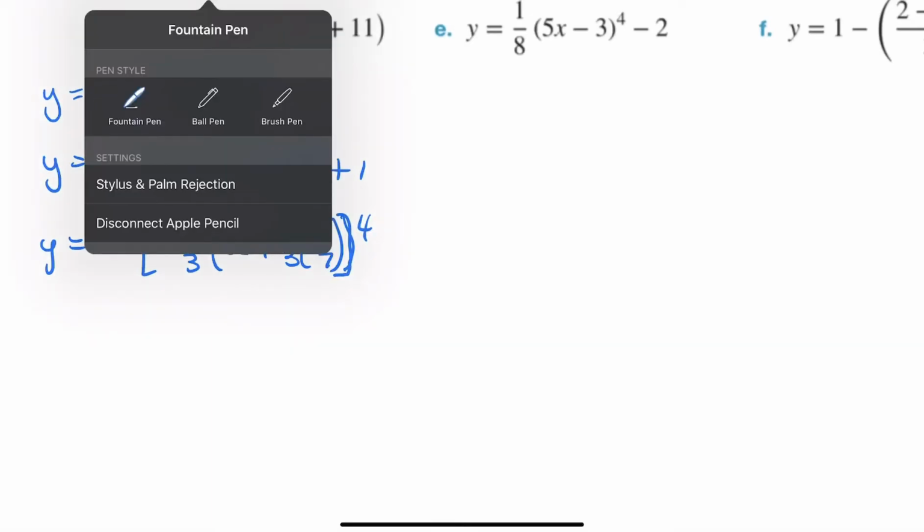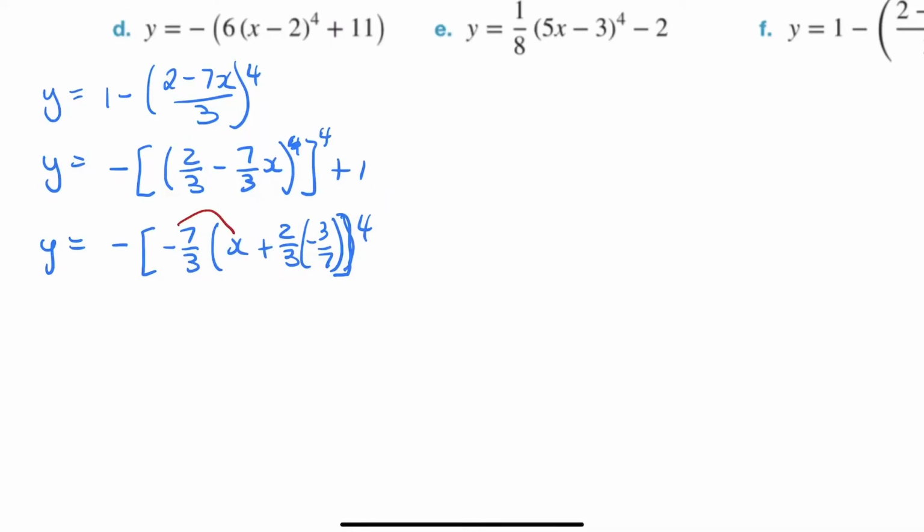Why? Because if I multiply back, I'm going to have negative times minus 7 over 3x. A negative times a negative is going to be a positive. 7 and a 7 cancel, 3 and a 3 cancel, and I'm going to have positive 2 over 3, which is over there. So that is how I simplify that.